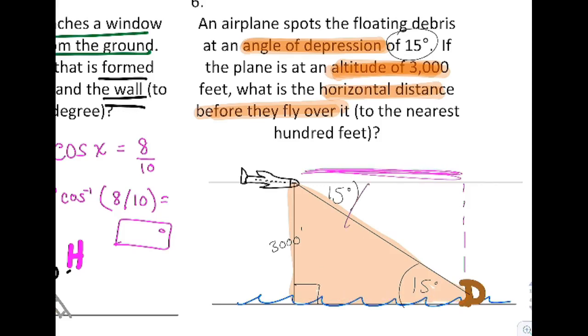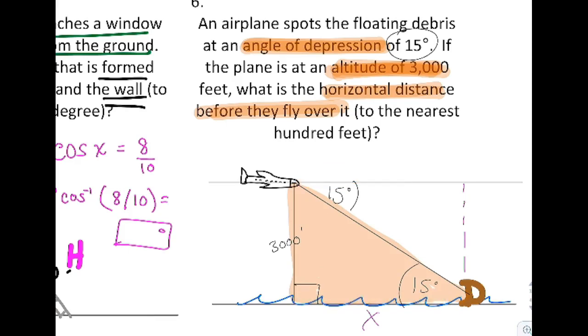So you could have done that triangle or use this triangle. So I'll put an X here because the distance that they're going to travel to be straight over the debris is the same here as it is here.